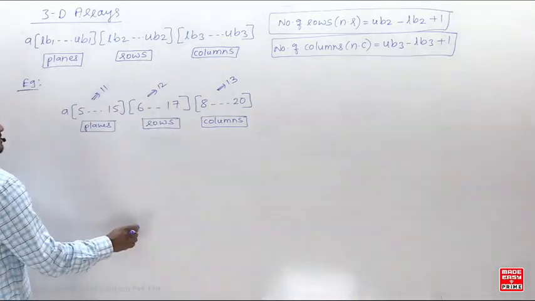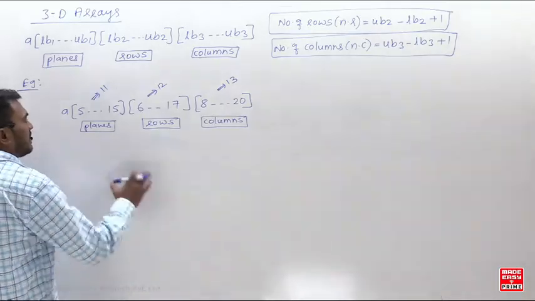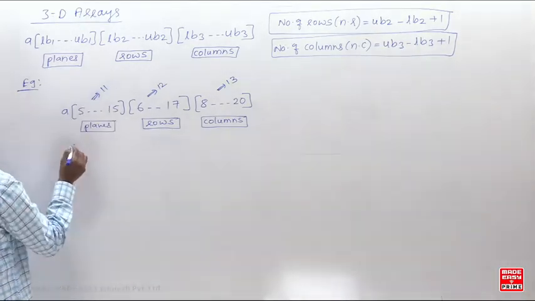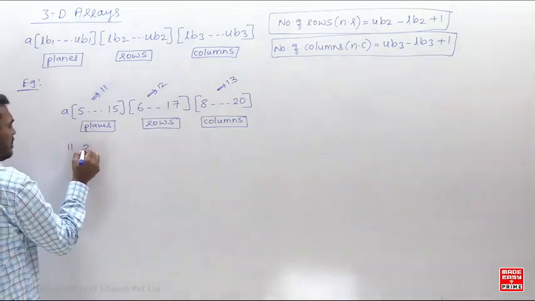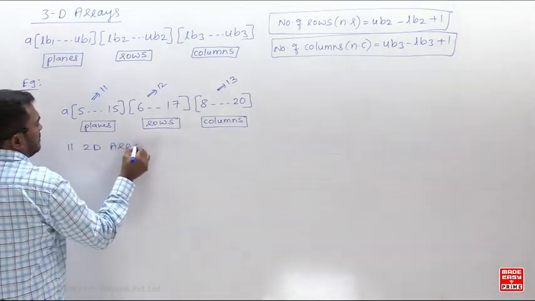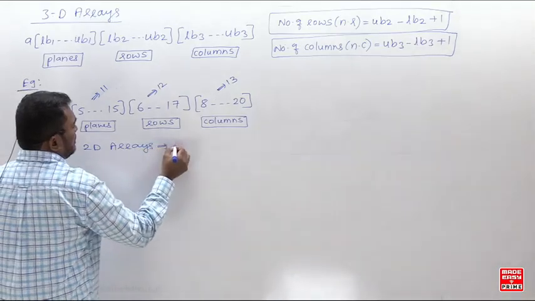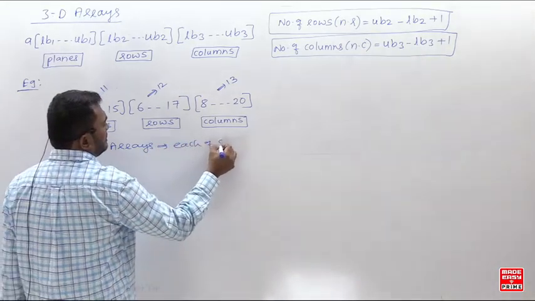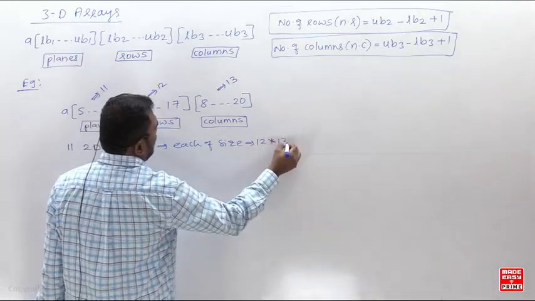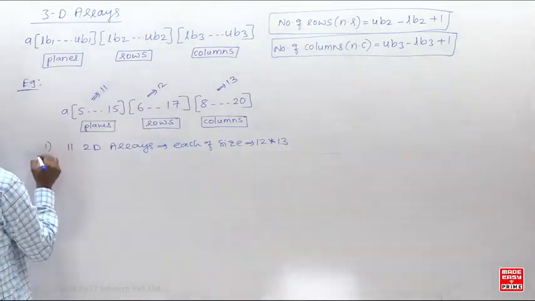So understand here. Okay, copied. It means this many 2D arrays. Is that clear? 11 2D arrays, each of size 12 into 13. So this is the first step.